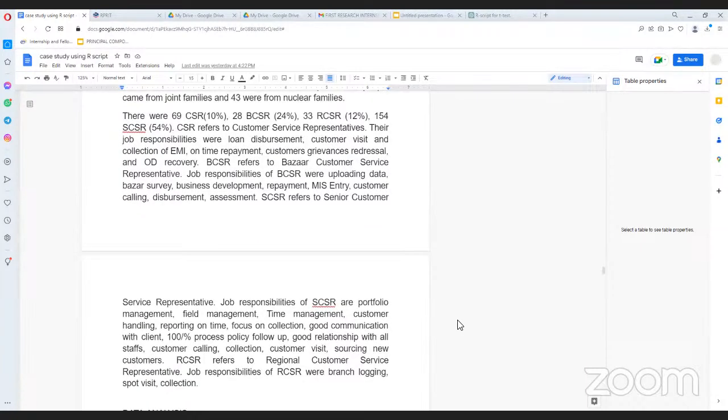SCSR refers to Senior Customer Service Representatives, whose responsibilities are portfolio management, field management, time management, customer handling, reporting on time, focus on collection, good communication with clients, 100% process policy follow-up, good relationship with all staff, customer calling, collection, customer visit, scoring, and sourcing new customers. RCSR refers to regional customer service representatives, whose responsibilities were branch lodging and spot visit collection.